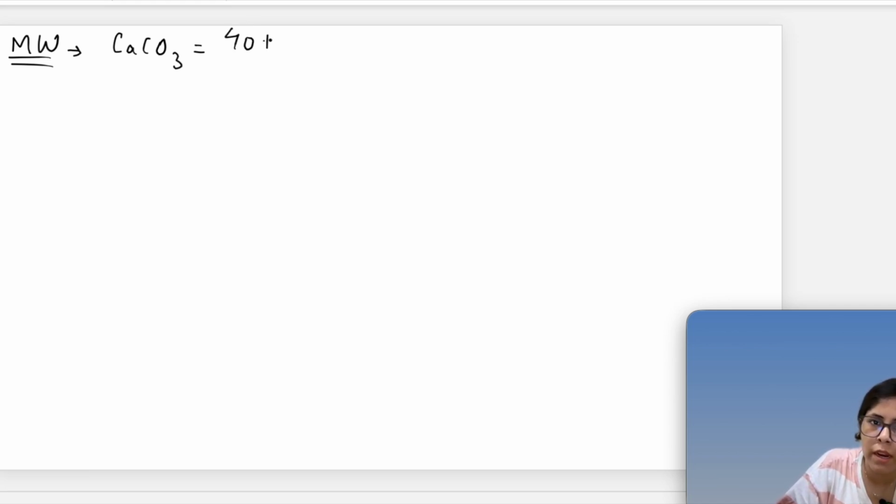So alkalinity is measured by titration, right? And some molecular weights are very important, and we should know them. For example, we have CaCO3. What is the molecular weight? Calcium is 40, carbon is 12, and 16 into 3, so we get a molecular weight of 100, so it's 100 grams.